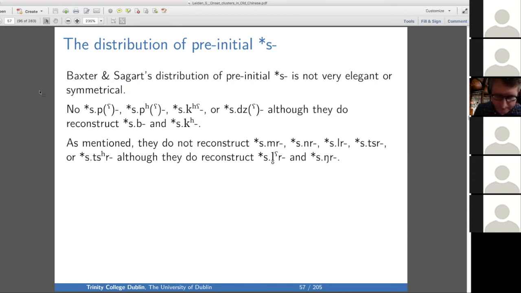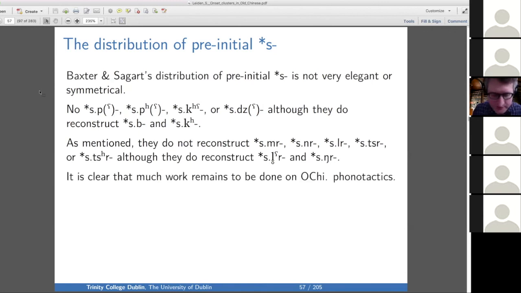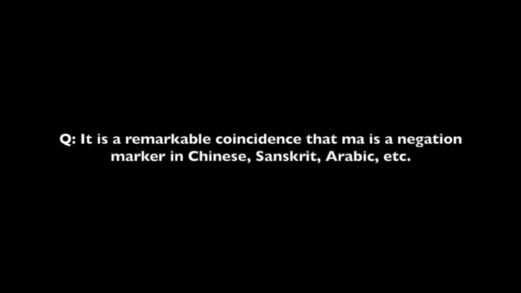Okay. And then as mentioned, this is just more kind of objections I have to the distribution of the S. So it's clear that much more work remains to be done on Old Chinese phonotactics. I think that there are these things like also, having a first person pronoun that starts with a velar nasal happens in Sino-Tibetan and in, what language family is Kasi in?